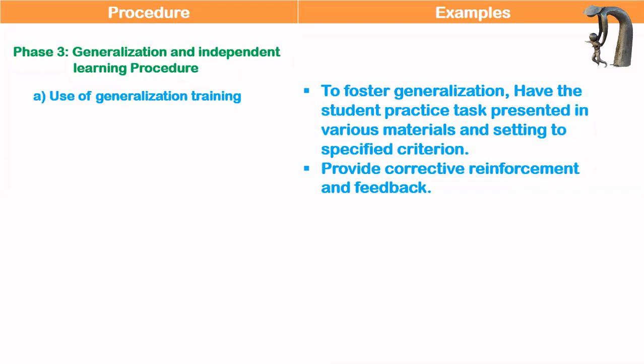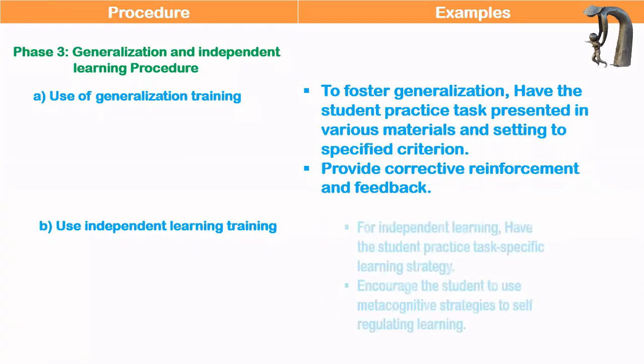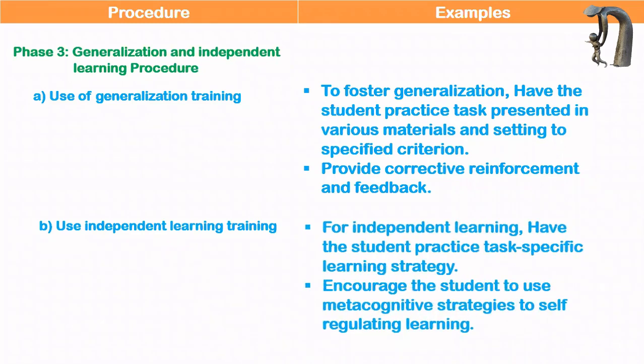And the second step of phase 3 is use of independent learning training. This is the highest level, the end level of your steps of instruction. The child must develop the skills independently.